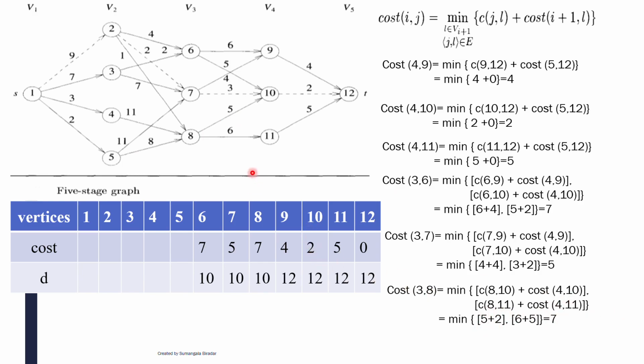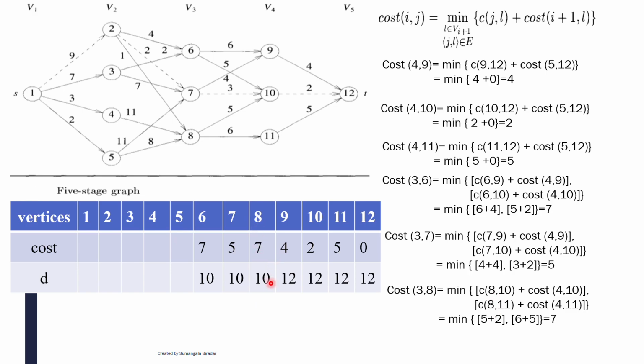The edge cost 8 to 11 is 6, and in the table the cost for 11 is 5. So now 5 plus 2 and 6 plus 5: that's 7 and 11. Among these two, 7 is minimum. The edge that gives the minimum is 8 to 10 here. Then you have to update in the table for 8. What is the cost you got now?